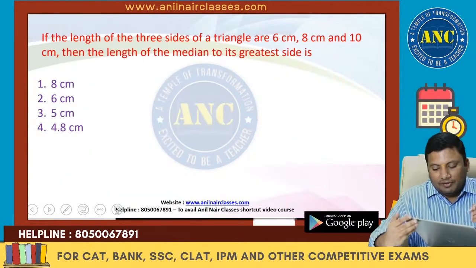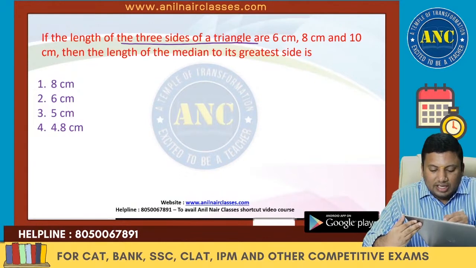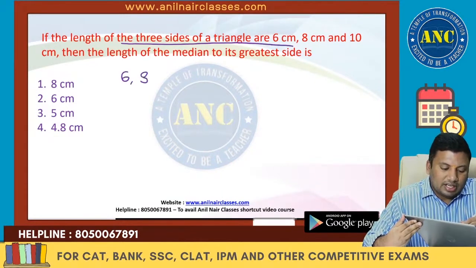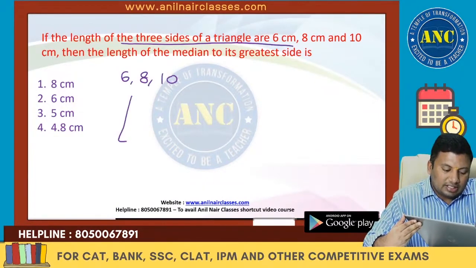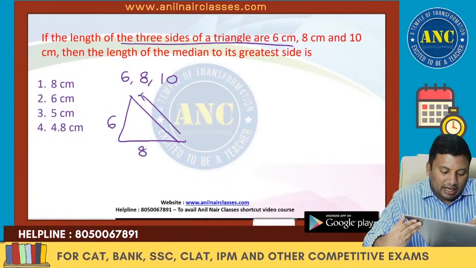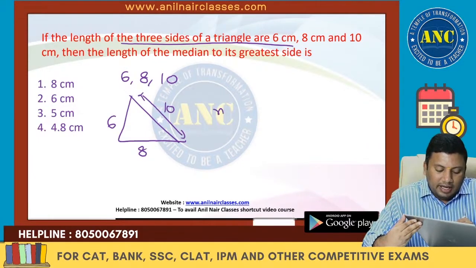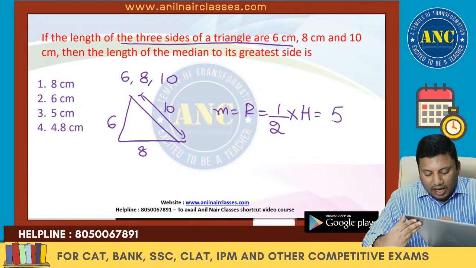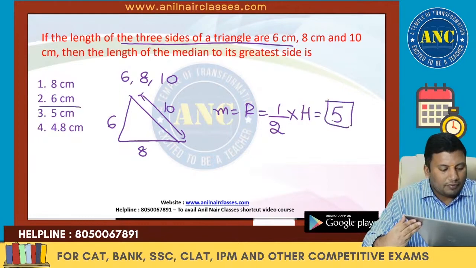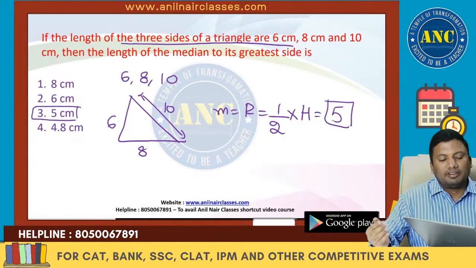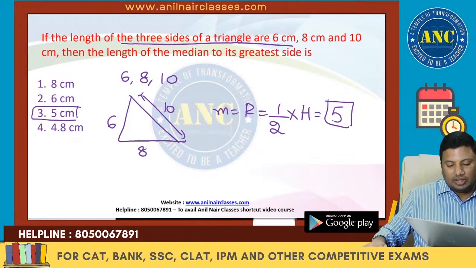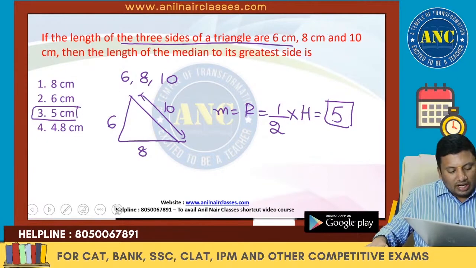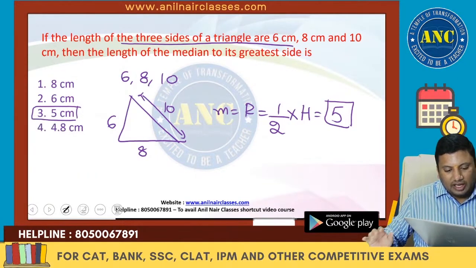If the lengths of the 3 sides of a triangle are 6, 8 and 10, it is a right angled triangle. In a right angled triangle, the median is the circumradius, which is half of the hypotenuse.